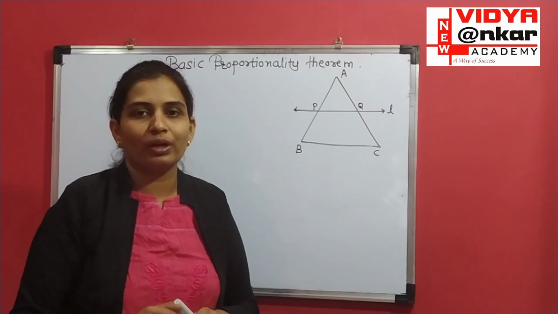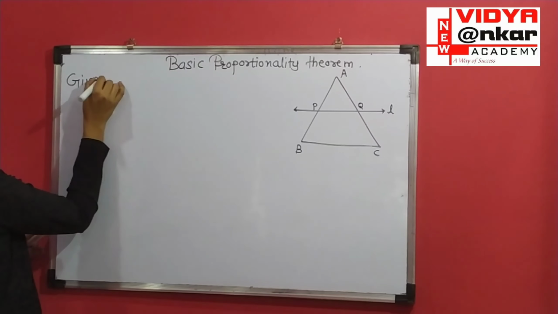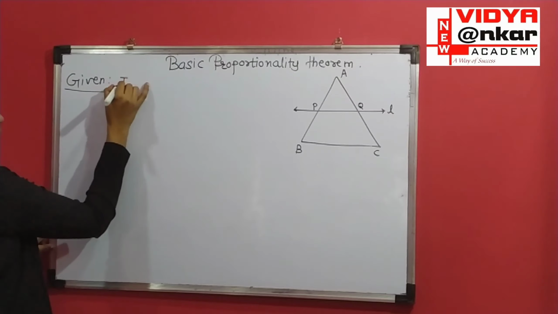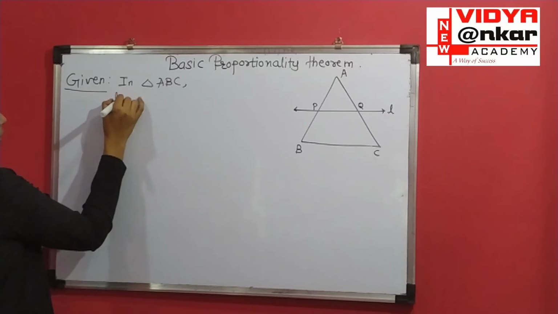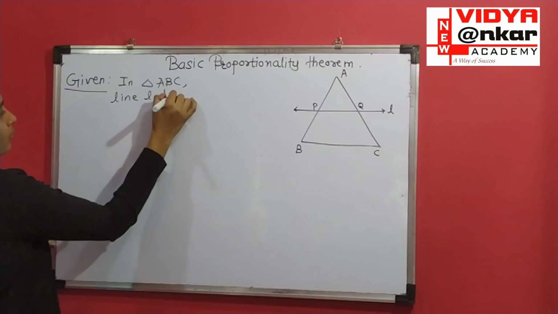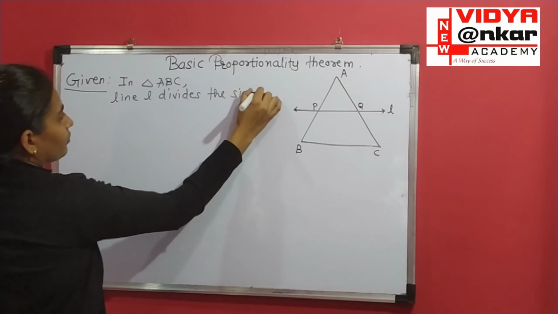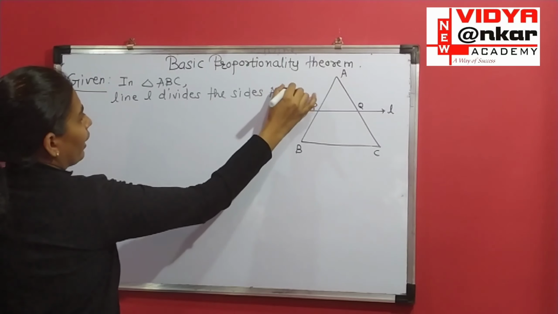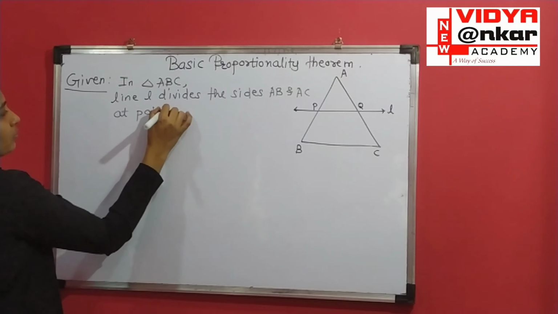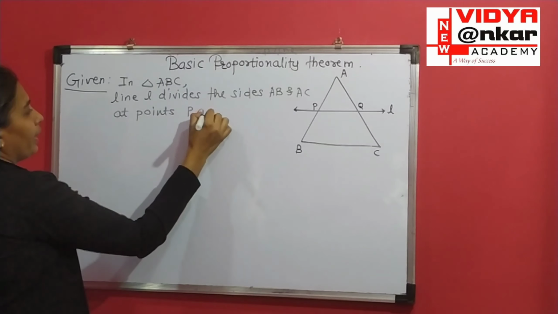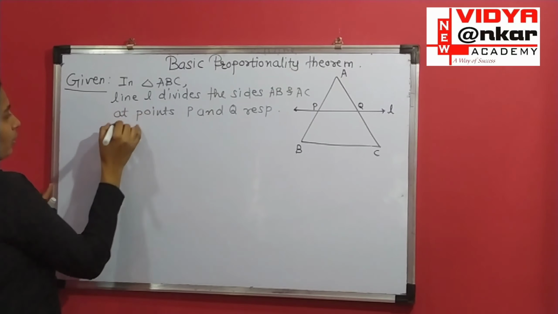Now first of all students, we will write the given. The given will be, in triangle ABC, line L divides the sides AB and AC at points P and Q respectively.